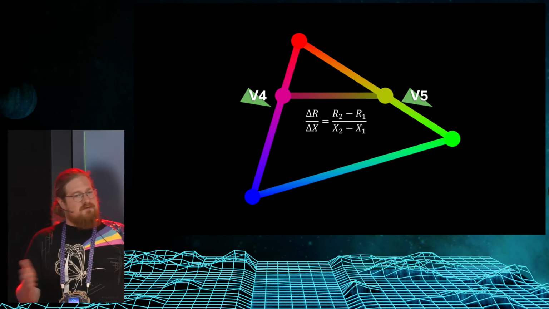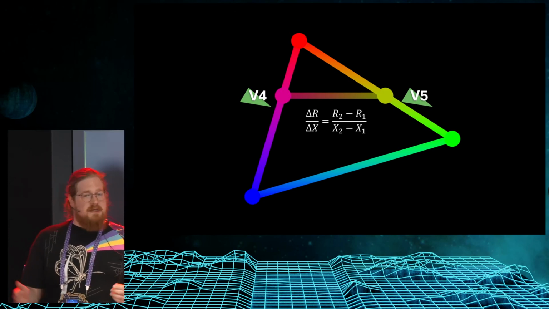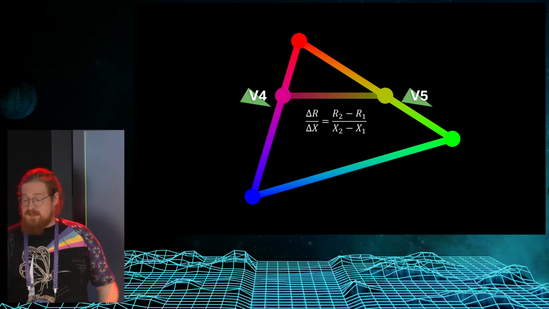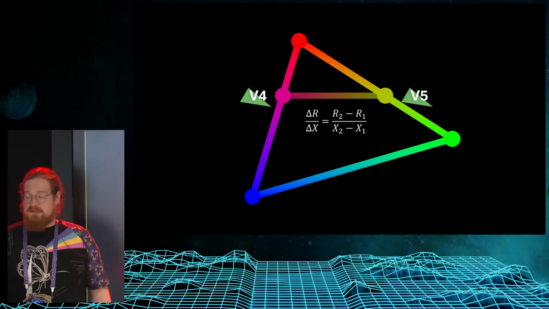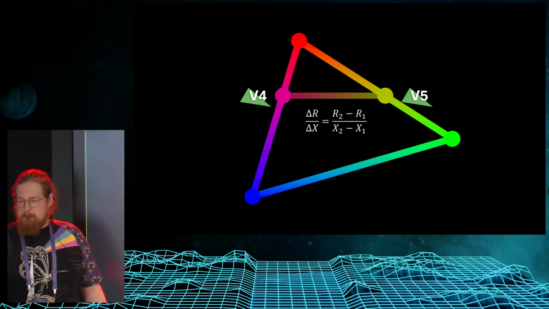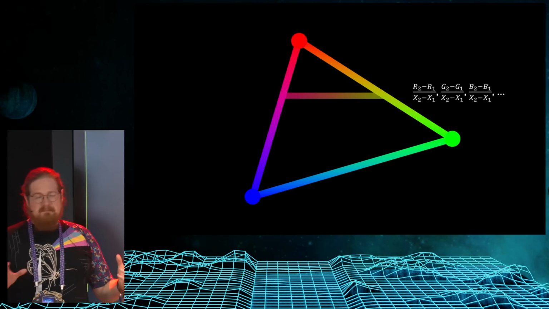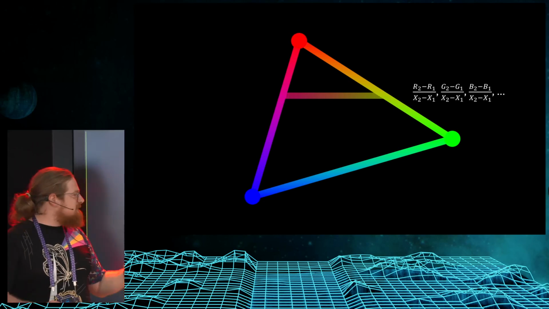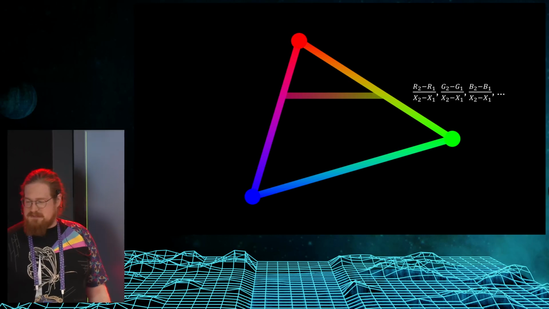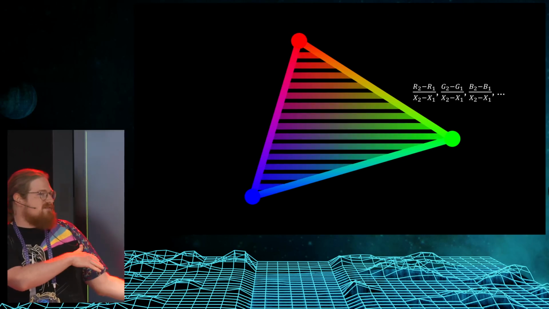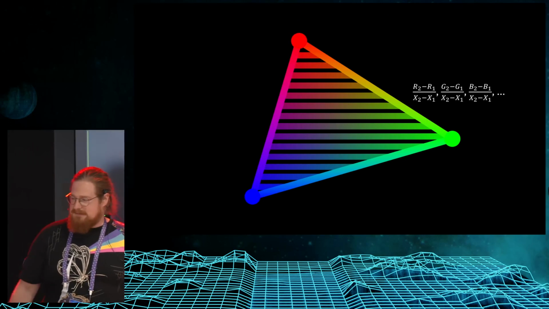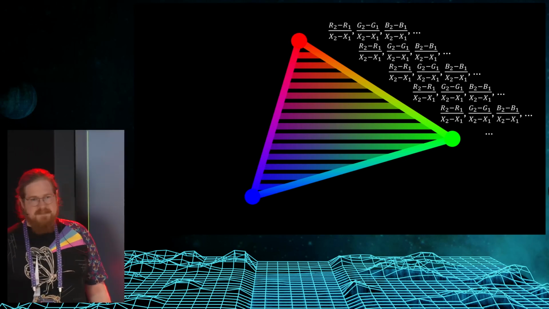We look at the difference in color, divide that by the difference in the horizontal direction, and we get a gradient for that as well. But you might be seeing a problem. If we do that for every single component, that's quite a lot of calculation. And we have to do that for every line that fills our triangle. That's a lot of calculations.